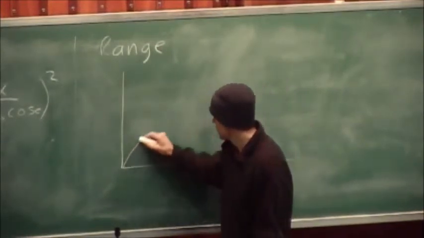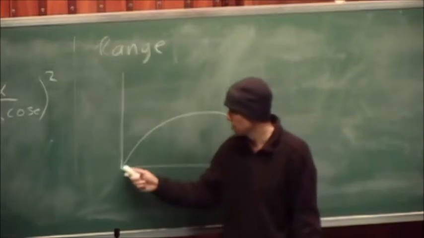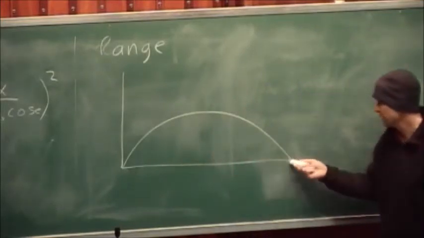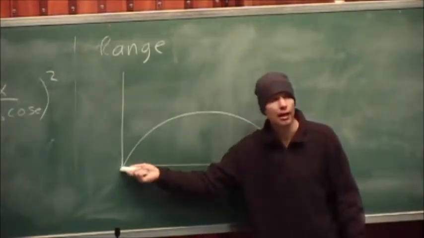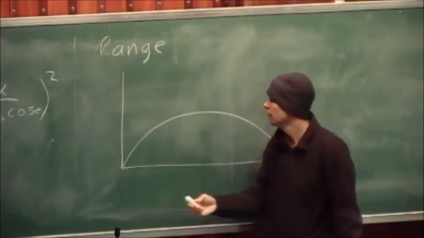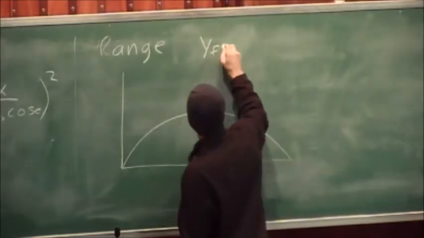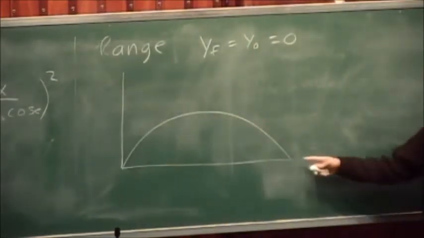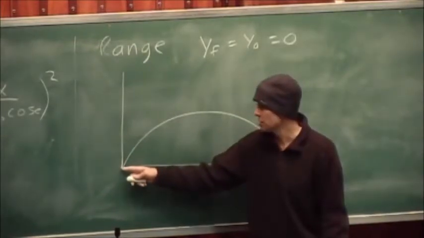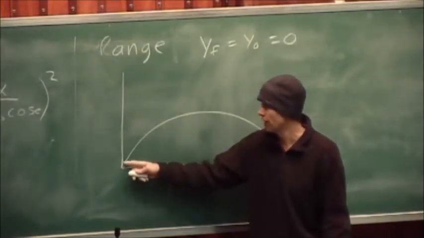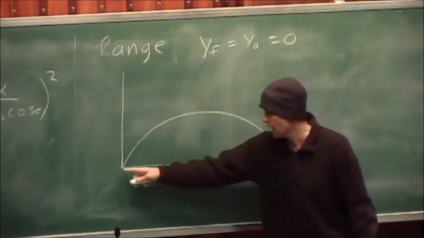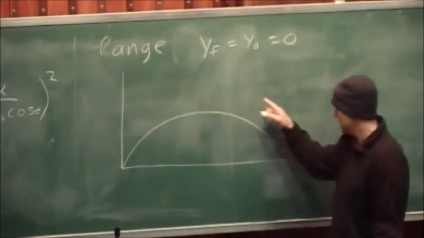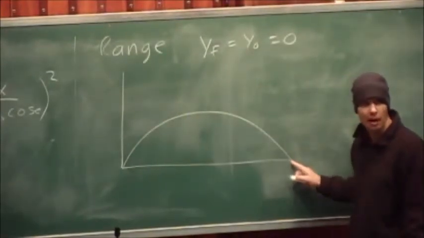But the range assumes that you start at some initial point 0, and that the final height is the same as the initial height. So y final is equal to y initial, which is equal to 0. The range is simply the distance that the particle will have traveled along the x-axis after it has gone from its initial height back down to that same height.